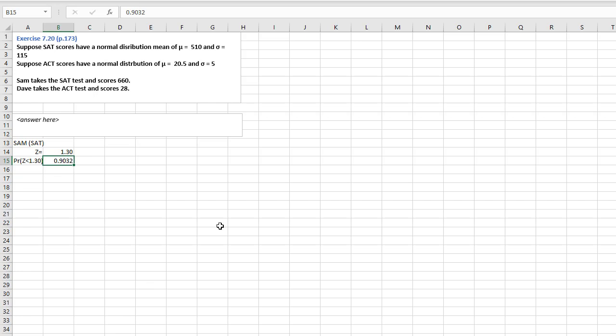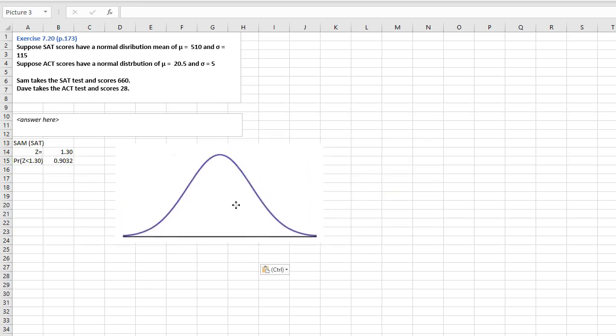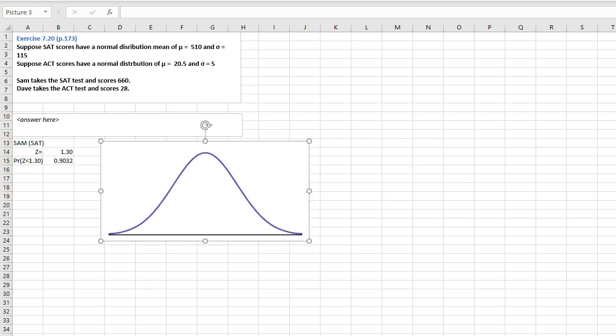Well, first off, let's just draw it out. Let's see if I can provide some visuals for you. So we looked up a z of 1.30, and let's just say it's right there. We have a z-score of 1 right here, and a z-score of 2 right here. So when we looked up 1.30, that is the 90th percentile.